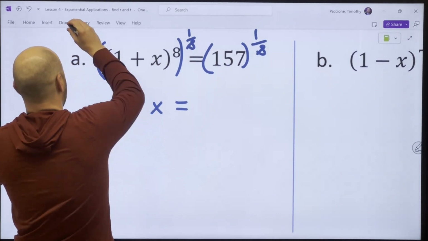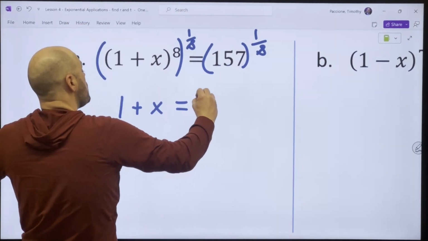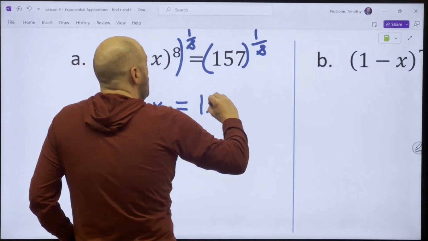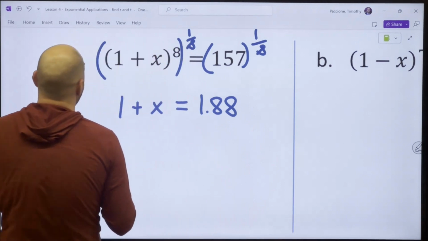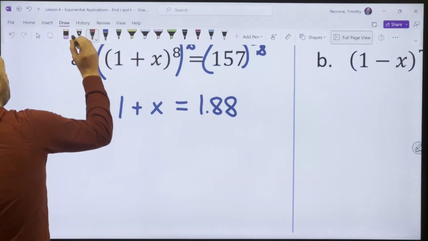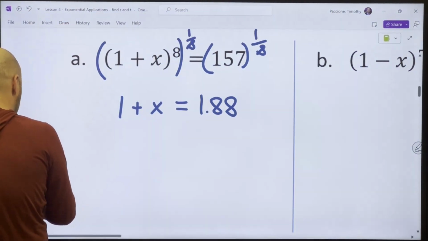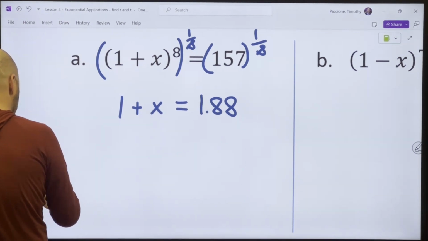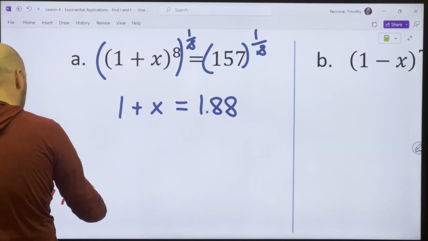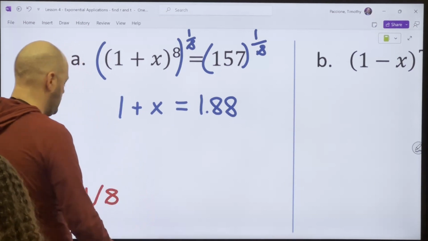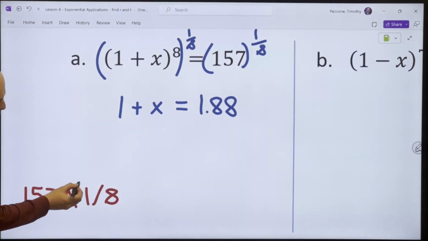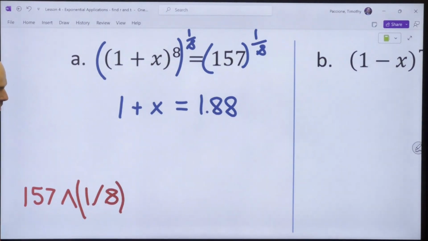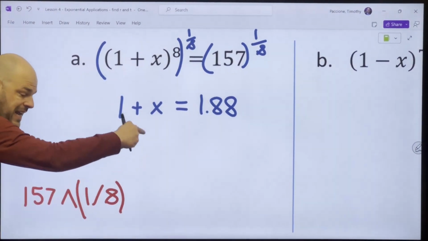I put that in my calculator, and I get 1.88. We'll say 1.88. Okay, now really quick, in your calculator, do not put this: 157 caret 1 divided by 8. What am I missing? Yes, the parentheses. You will get a very different answer if you don't say to the 1/8.